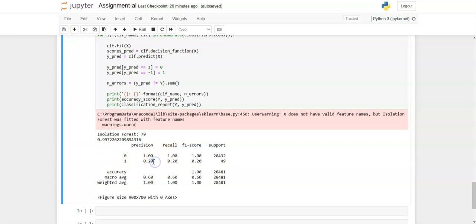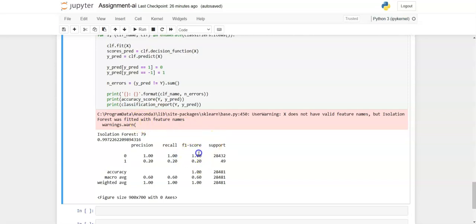And 20% is good transaction. About the recall, there is also 20% of this.